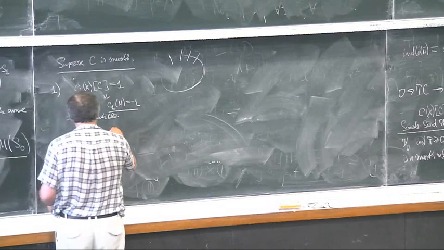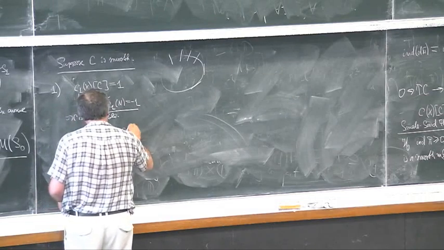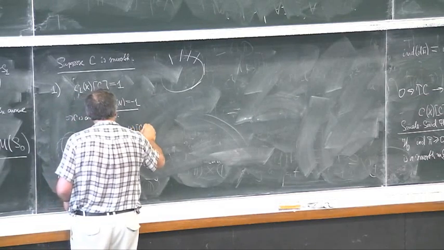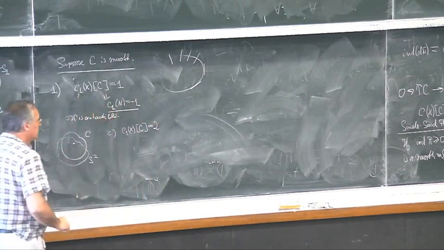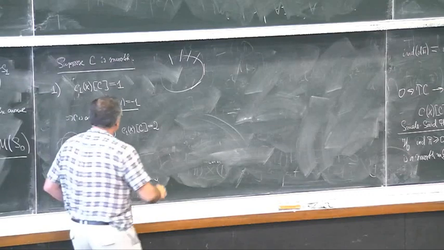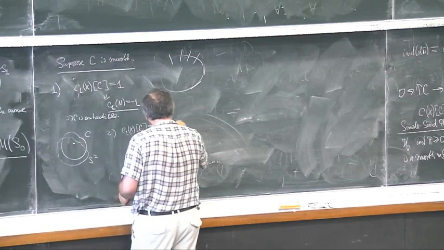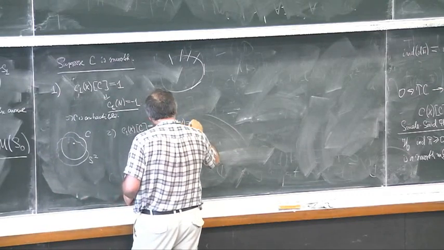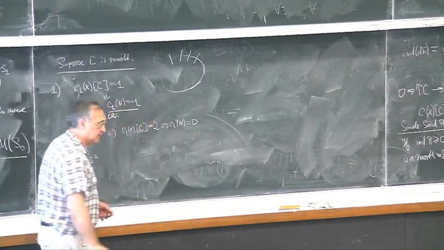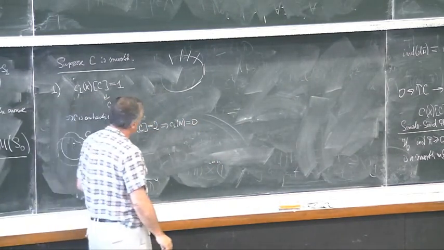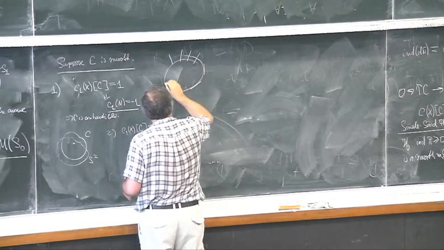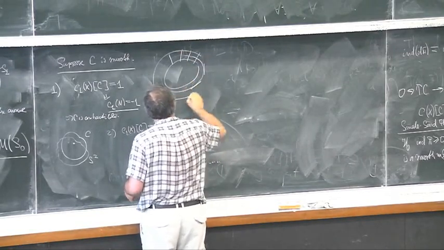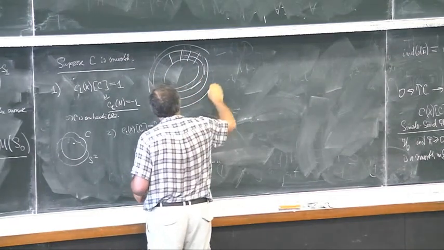Okay. Second case. C1 of X on C is equal to 2. Then, by the same computation, C1 of the normal bundle is 0. So the normal bundle is trivial. And therefore, it is known that in this case, a neighborhood of this curve can be foliated by rational curves.